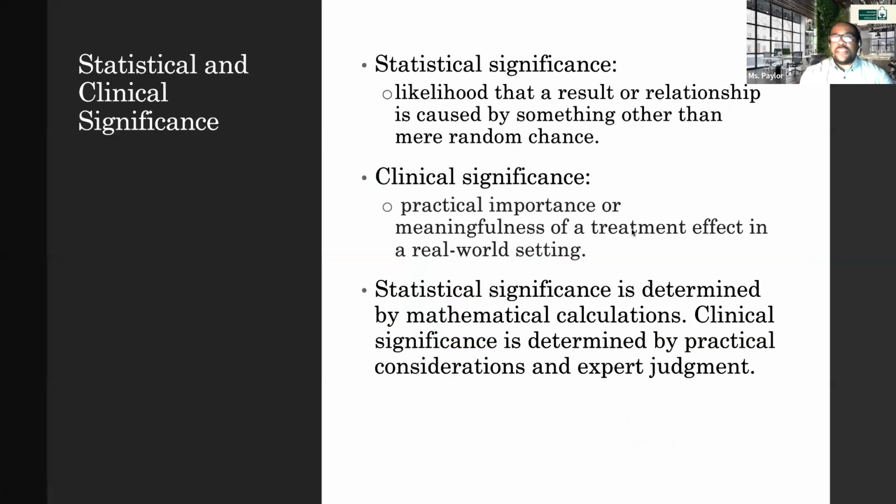So statistically, we just talked about the likelihood of something happening by something other than mere random chance. The lower the p-value, the lower the probability or percentage that this happened by chance. But clinically, how practically important or meaningful are the results of the study in a real world setting?